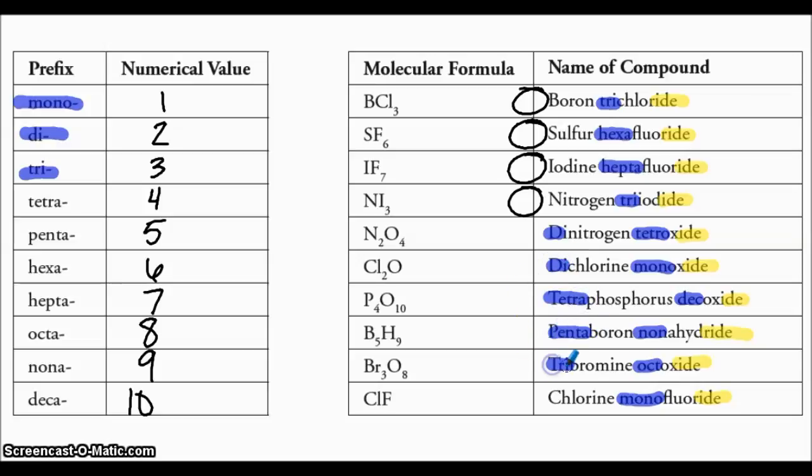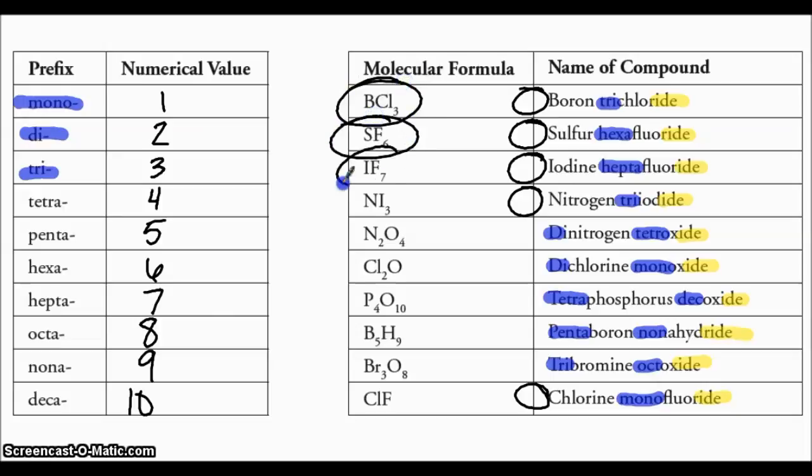So we have some prefix, and then on that last one there, we notice chlorine doesn't have a prefix. So there are only a couple cases where we don't have a prefix. In this example, we only have 5 cases where we don't have a prefix. So let's examine why these don't have a prefix. Let's look at the ones that don't have a prefix.